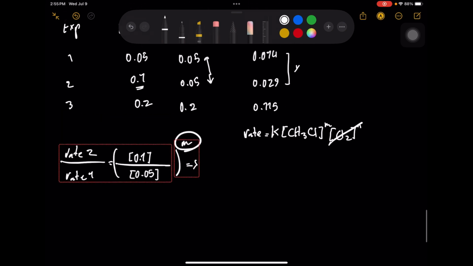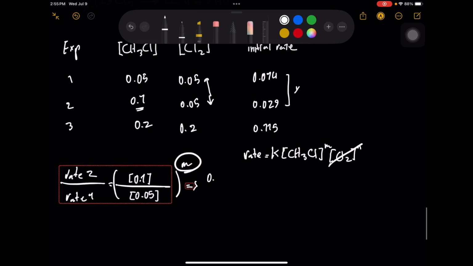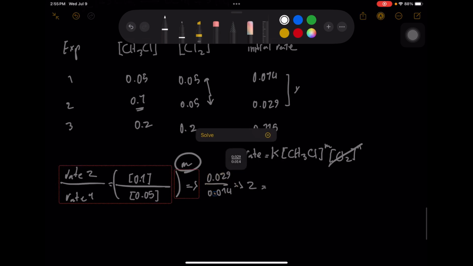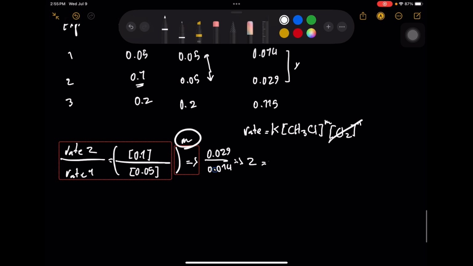So rate 2 over rate 1 is 0.029 over 0.014, which is almost 2. And the concentration ratio is again 2, because it's twice that, so 2 to the power of m. So m here is 1.